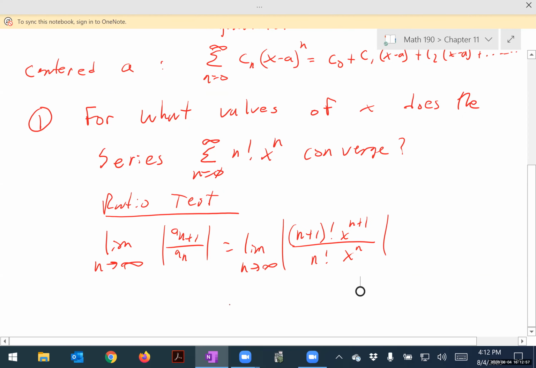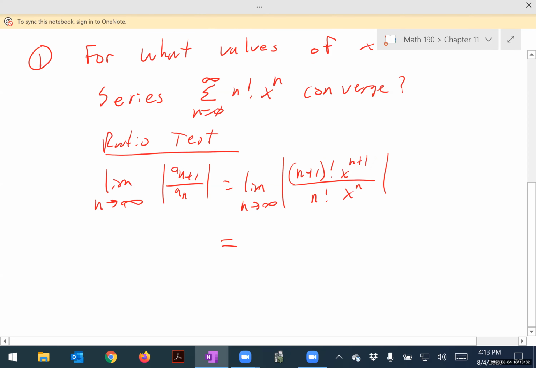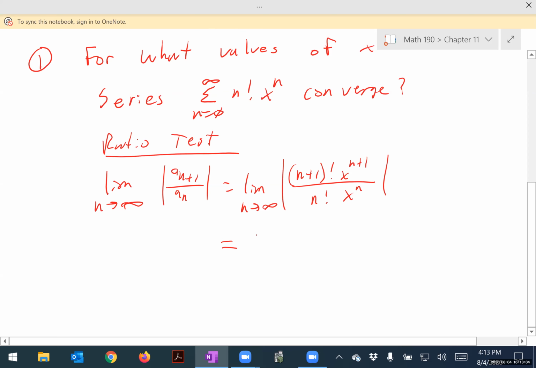So let's see what this equals. This is the limit as n goes to infinity of, this is going to leave me with just one x. It's x to the n over x to the nth, but then I have that extra x, so I put that little extra x in front.